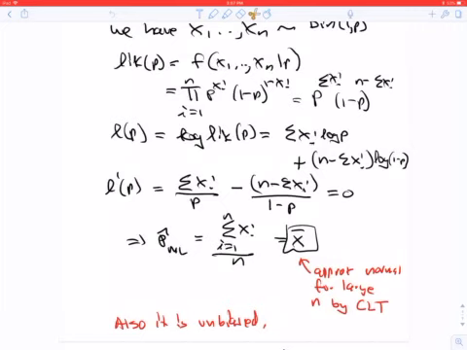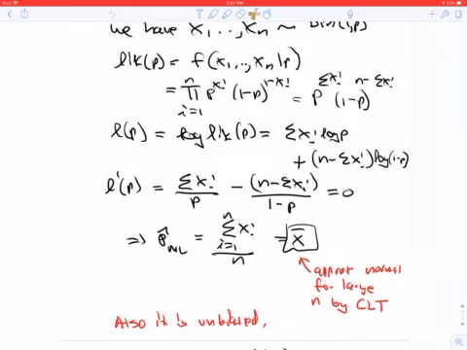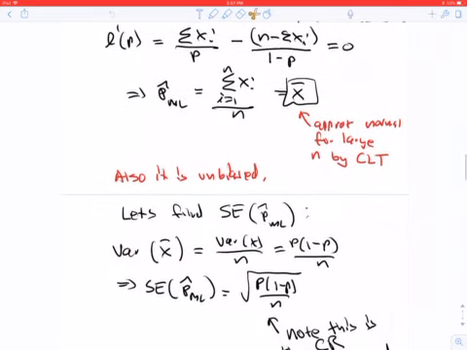So that completely makes sense, I think. Now notice that the sample mean is approximately normal by CLT, so that's consistent with the asymptotic result that we have. And also we know that X bar is unbiased, so that's also consistent.